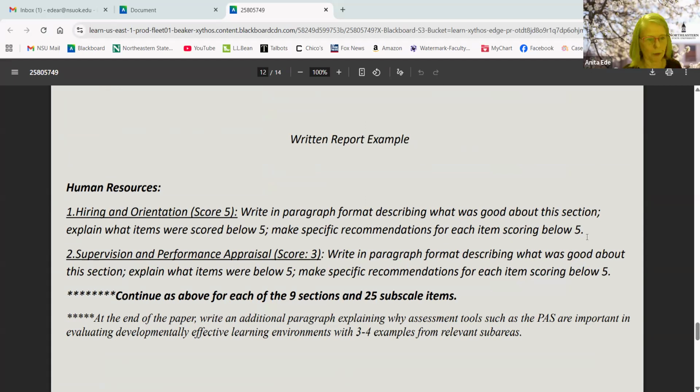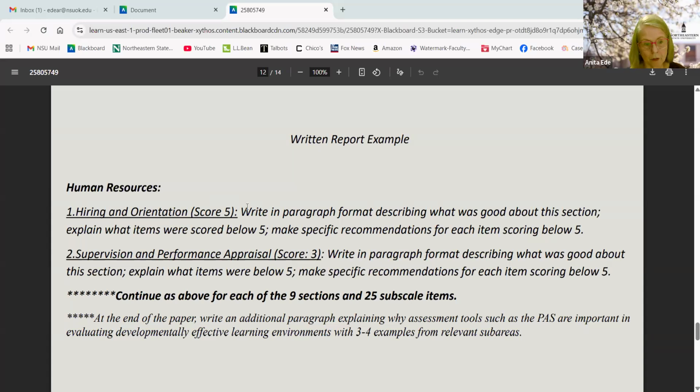Yeah, number 1, human resources. So you come to number 1, and it's hiring and orientation. That's the very first page that you did, page 11. And my practice one had a score of 5 for this section.